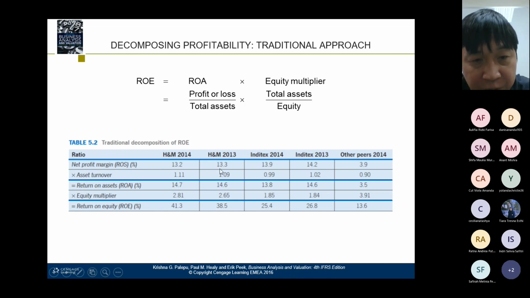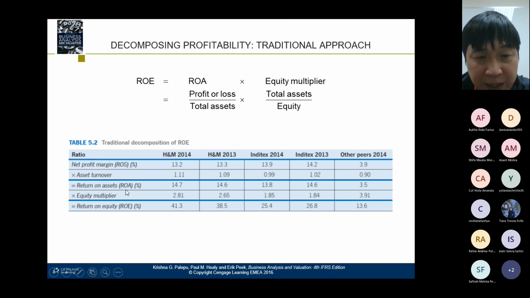The same way applies to 2013: you can also decompose it, with ROA 14.6 and equity multiplier 2.65. For the other peers, the equity multiplier is 3.91 for a competitor, and at different years 1.85 and 1.84.